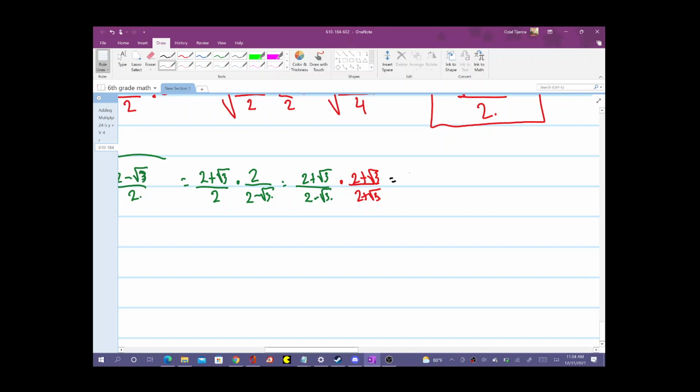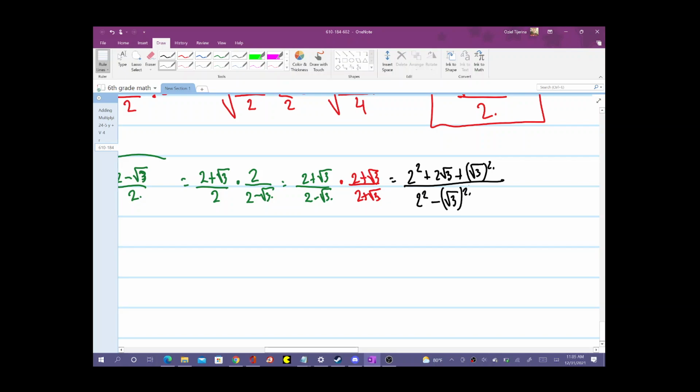So then this becomes 2 squared plus 2 square root 3 plus square root of 3 squared. And then it becomes 2 squared minus square root of 3 squared on the bottom.